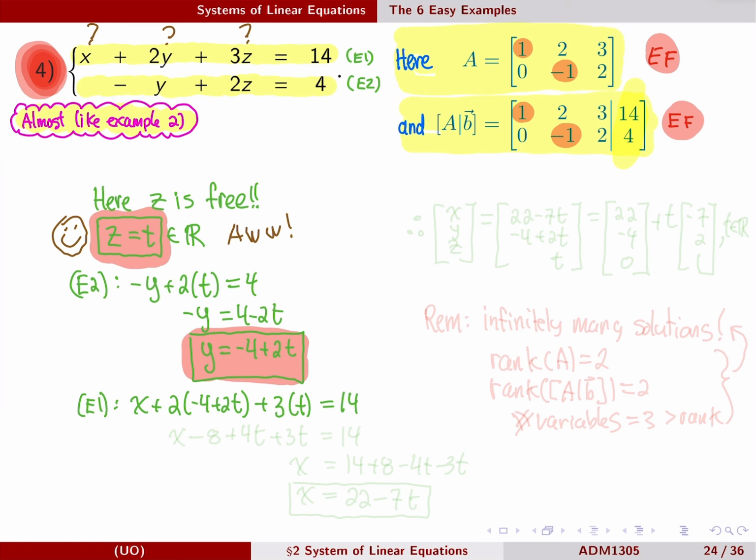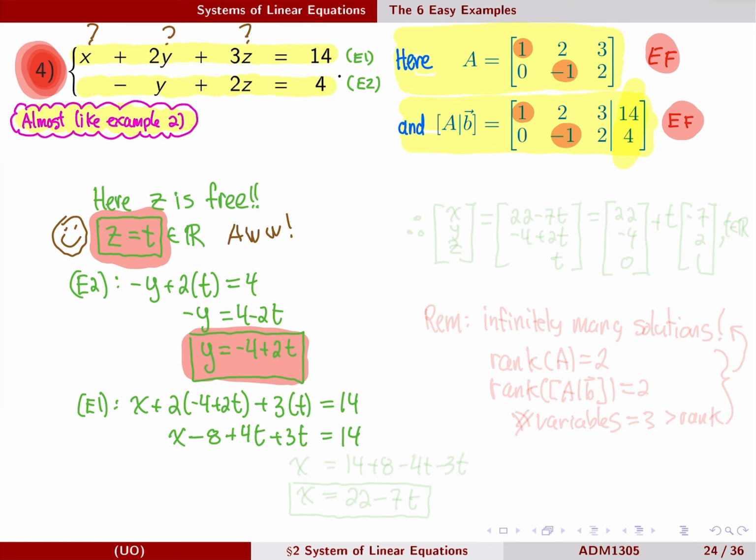So if you distribute the 2 here, you're going to get x minus 8 plus 4t plus 3t is equal to 14.